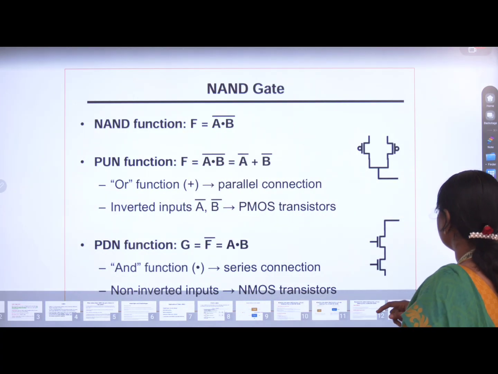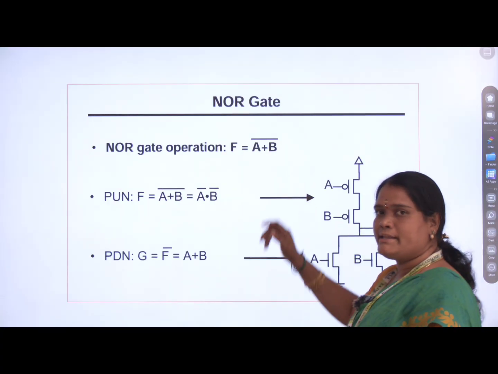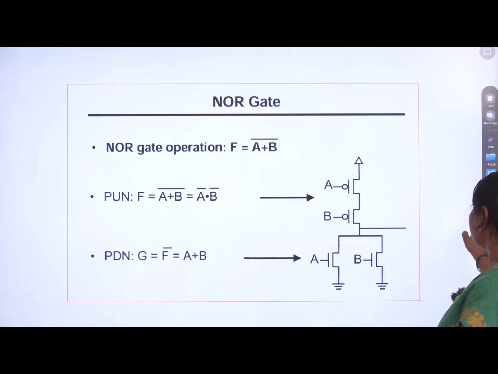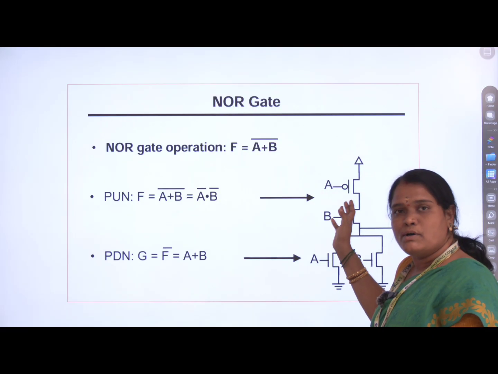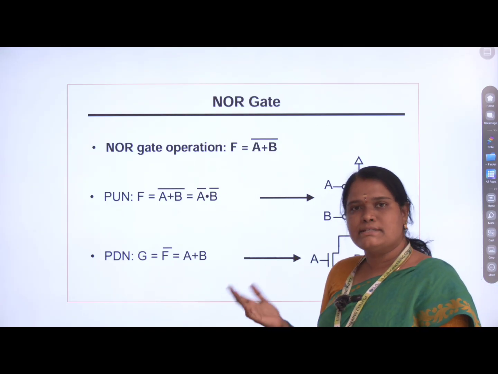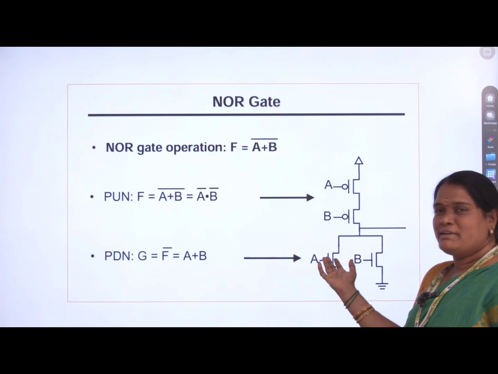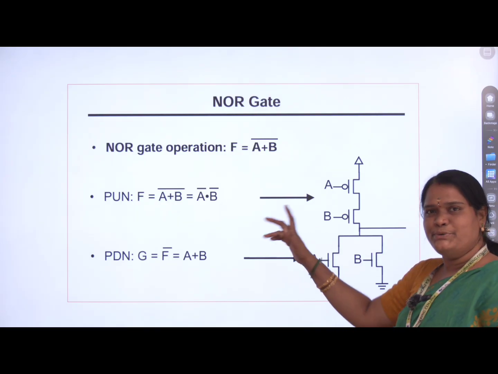The next design is NOR gate implementation using static CMOS. Already discussed, in dot logic, PMOS is connected in parallel and NMOS is connected in series. For NOR gate implementation, it is quite opposite to the NAND gate.